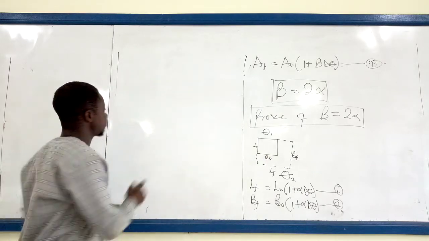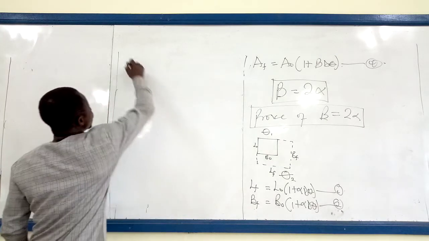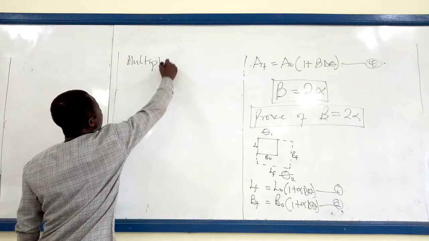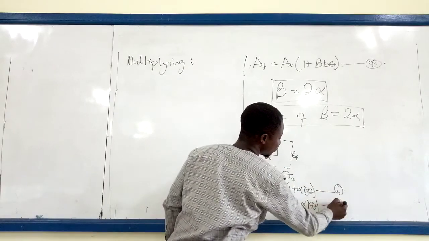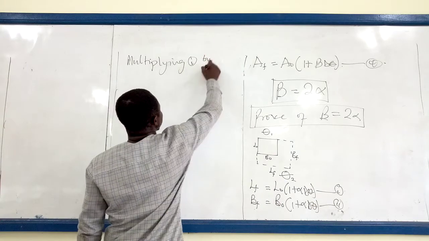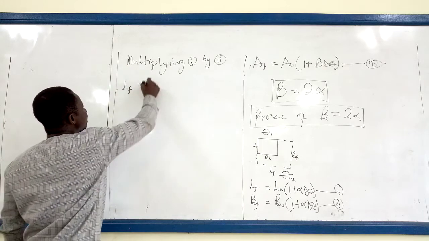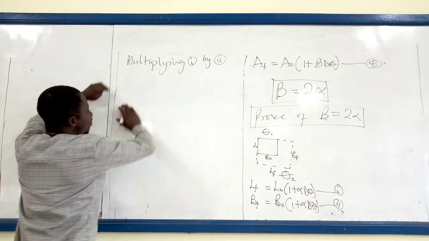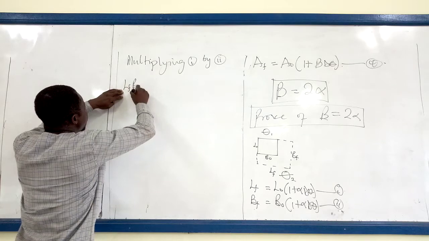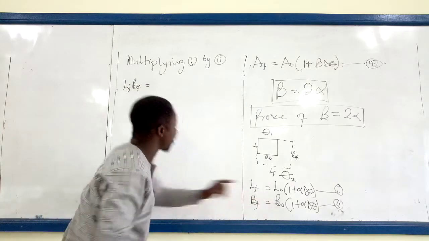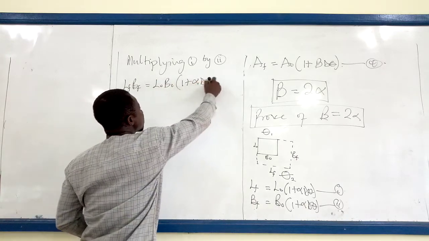Multiplying equation I by equation II, that will give me LF BF is equal to L0 B0 into bracket 1 plus alpha delta theta all squared.